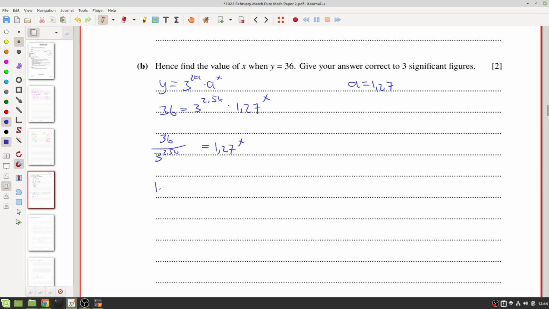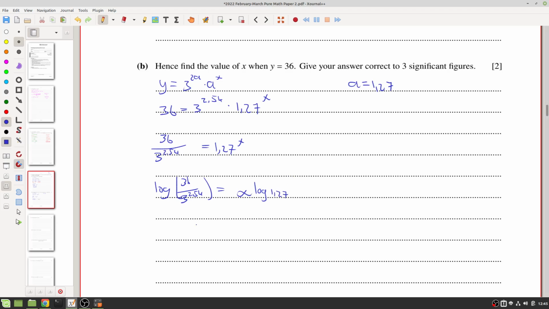It doesn't matter which base you use for the logs. I'm just going to use normal log, so that's base 10. Log of 36 over 3 to the power 2.54 equals log of 1.27 to the power x. We can move the exponent to the front.